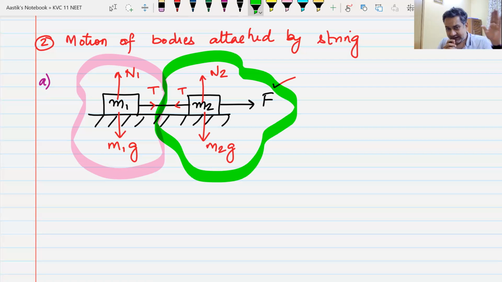Now, this entire system of two blocks, will they move with different accelerations or will they move with same acceleration? They're attached to each other by a string. Will they move with different accelerations or will they move with same acceleration? No one knows it?